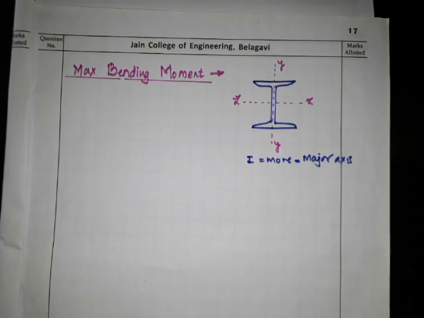And why do we have to consider the bending about the ZZ axis and about the YY axis? The bending because of vertical load will be about ZZ, and because of horizontal load it will be about YY, correct.